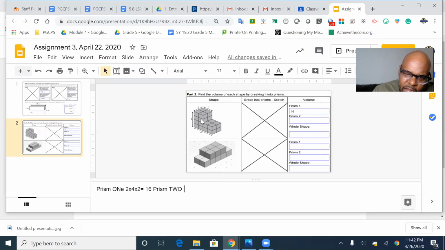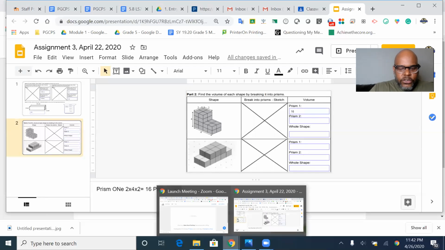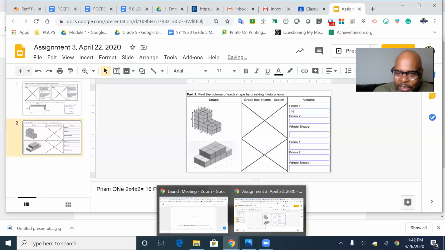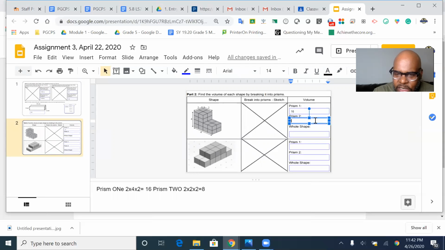A length of 2, and a width of 2. So you're going to have 2 times 2 times 2, which equals what? 2 times 2 is 4, times 2 is 8. So prism 2 is going to have a volume of 8.